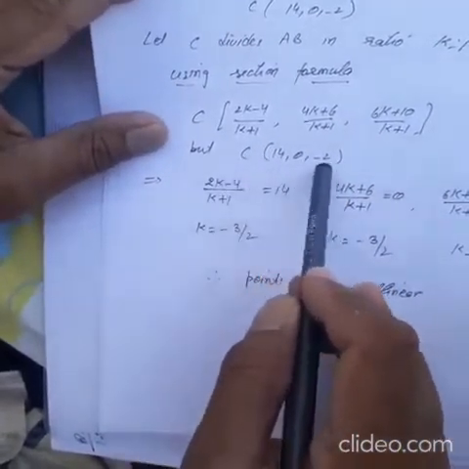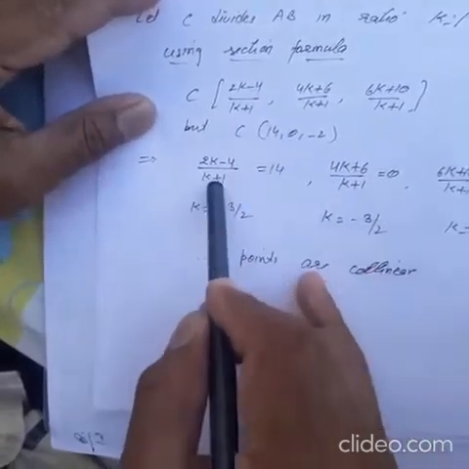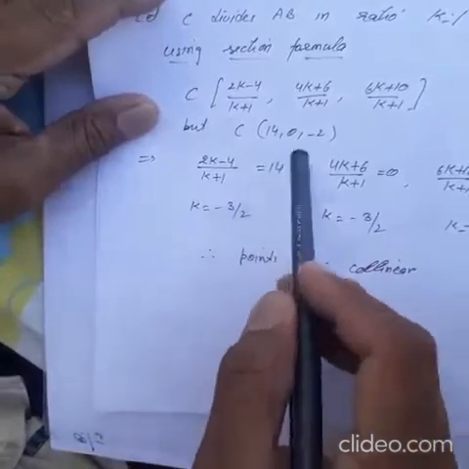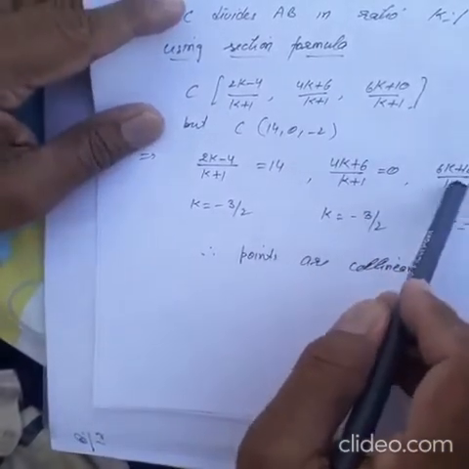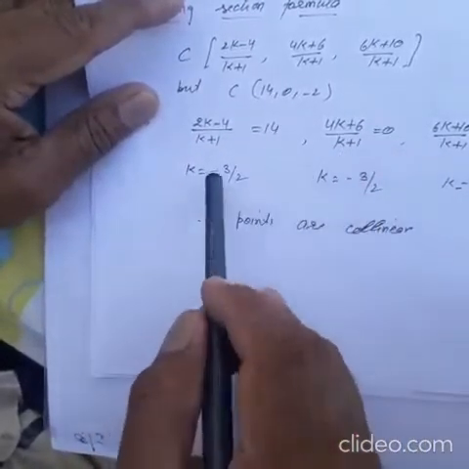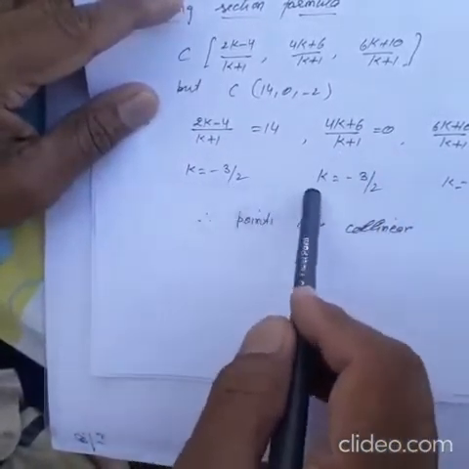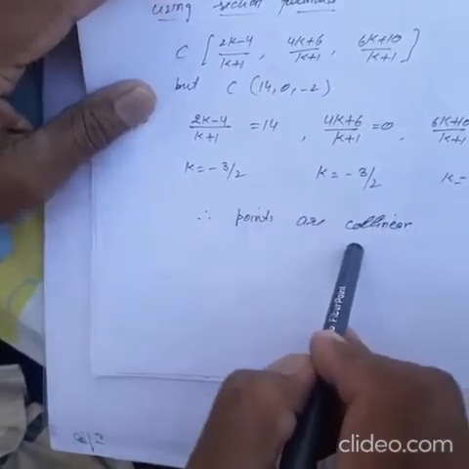But C point is given to us. It means x coordinate will be equal to x coordinate. So you'll get one equation from here. Y coordinate is equal to y coordinate, second equation. Similarly, third equation. Find values of k from all the 3 equations. And because we are getting the same value of k, the points are collinear.